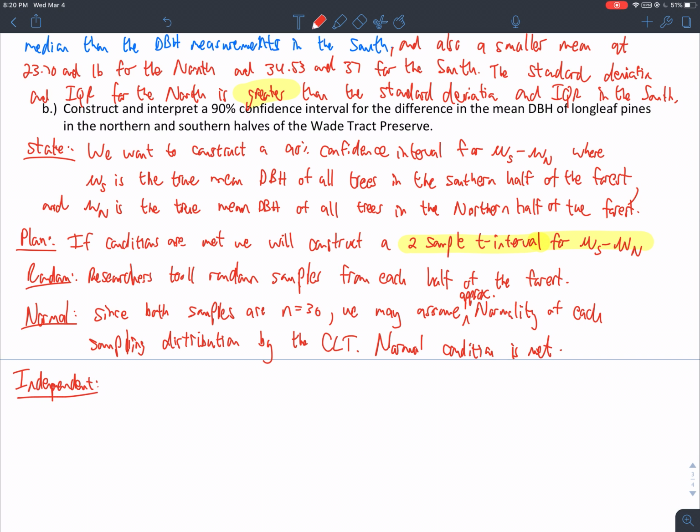And then independent or independence. So we have to establish that the samples are independent.